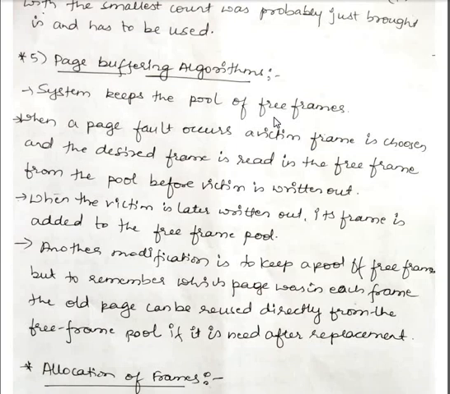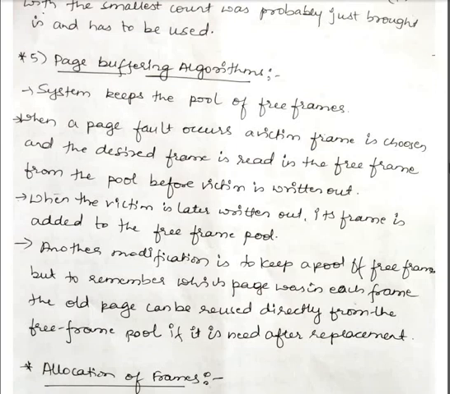Why? Because next time, if pages 1, 2, 3 are referenced again, since the frame already holds a copy, it can be used directly without bringing the page in again. That means reading from memory is avoided.